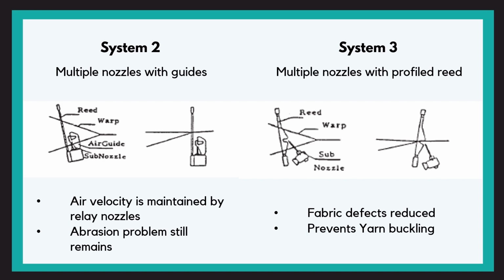In this process, the yarn might buckle, that is, there can be some deformation in the shape. But when relay nozzles are present, they inject air at the tip of the yarn, and this will ensure that the yarn is carried by the air across the loom, and it ensures that the yarn doesn't curve or deform and is carried straight across the loom.